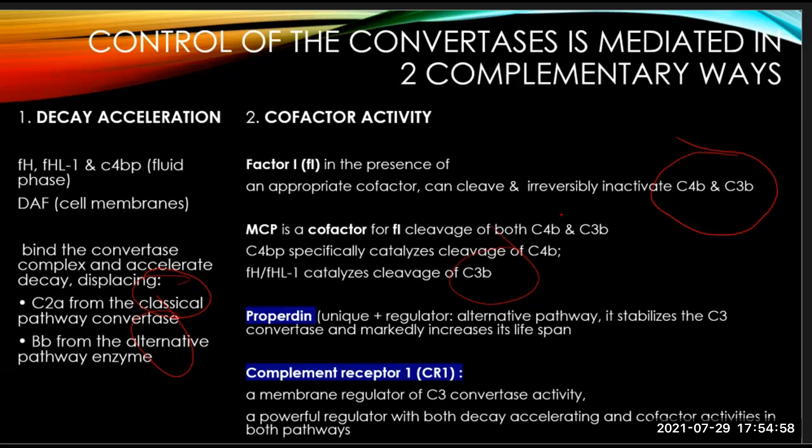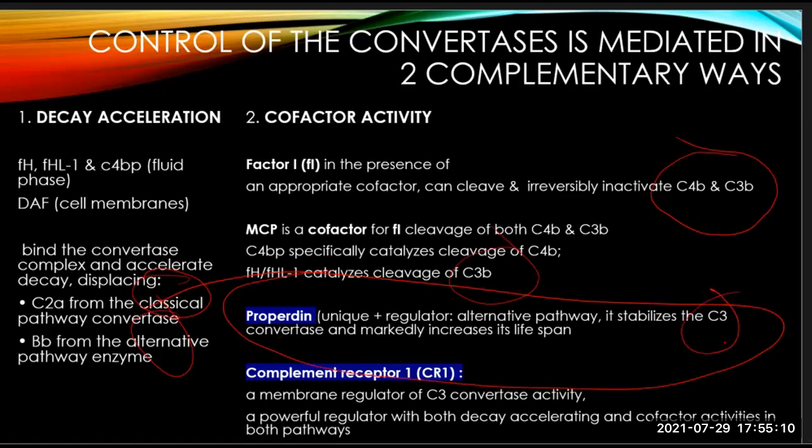And we also have properdin, which is a unique positive regulator of the alternative pathway because it can stabilize. Please remember this one, very important. The function of properdin is to stabilize C3 convertase, and thereby it gives the C3 convertase a long lifespan.